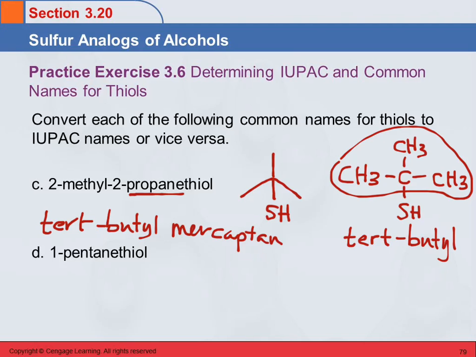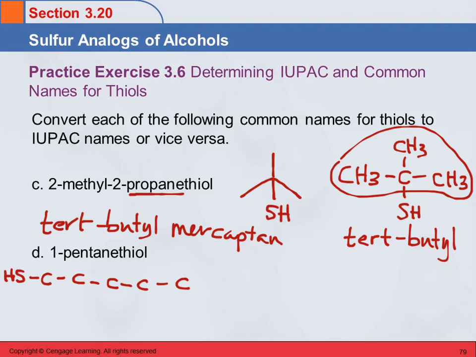Okay, this last one. 1-pentane thiol. Well, pentane tells us how many carbons? 5, right? 1, 2, 3, 4, 5. 5 carbons, and where is the thiol group attached? On number 1. Well, number 1 could be on either end. Let's put it over here just for fun.